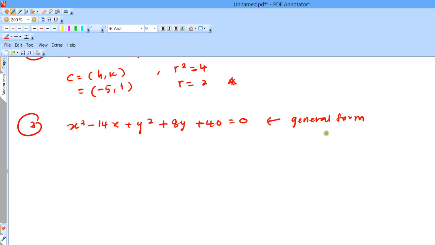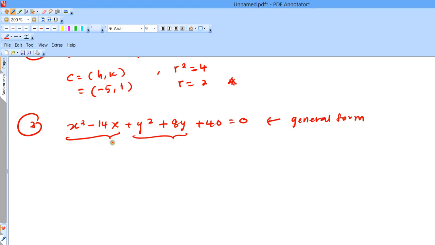From general form to standard form, we need to perform completing the square. For this equation of a circle, we have two variables, x and y, so we need to perform completing the square for both. The first condition is to check that the coefficients of x squared and y squared must be equal to 1.